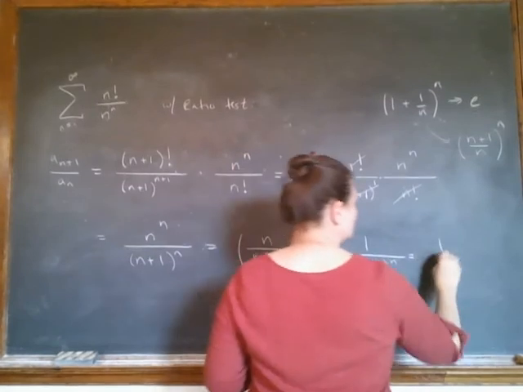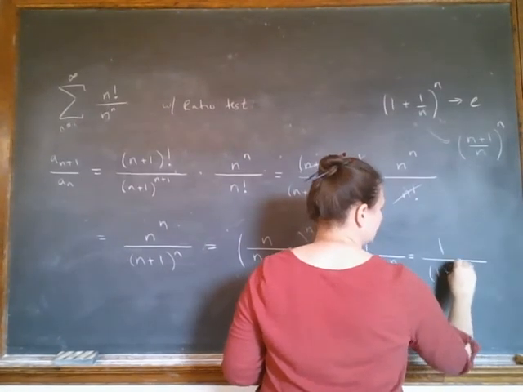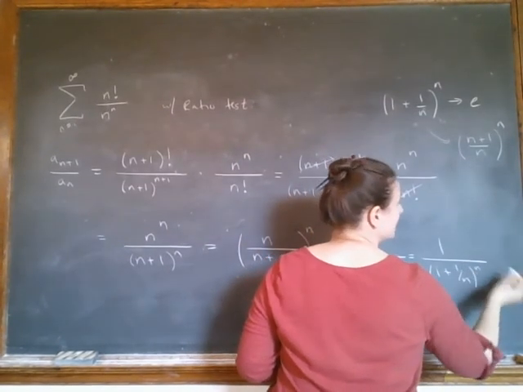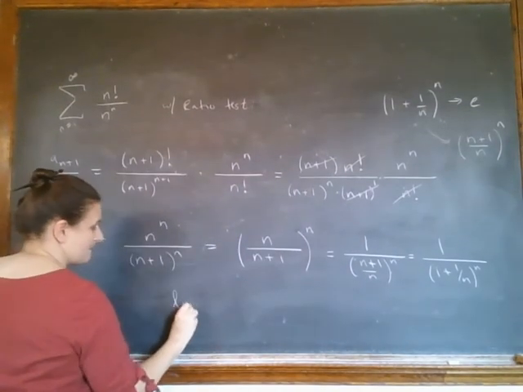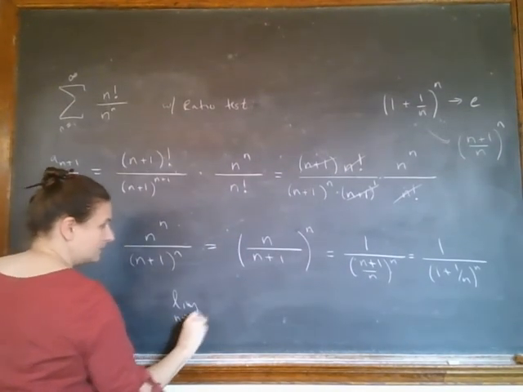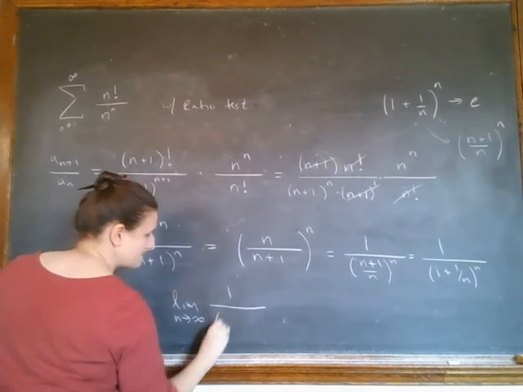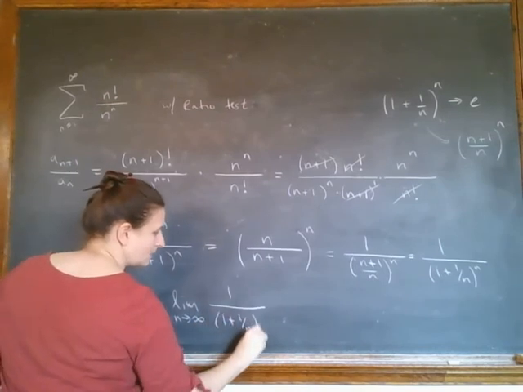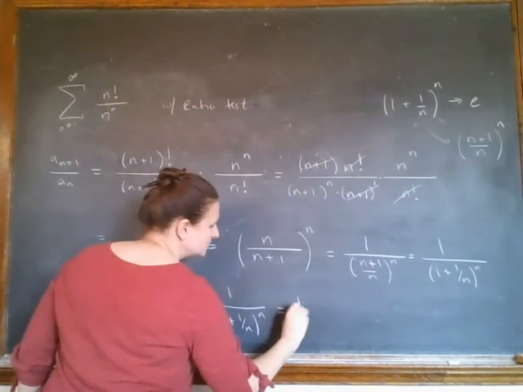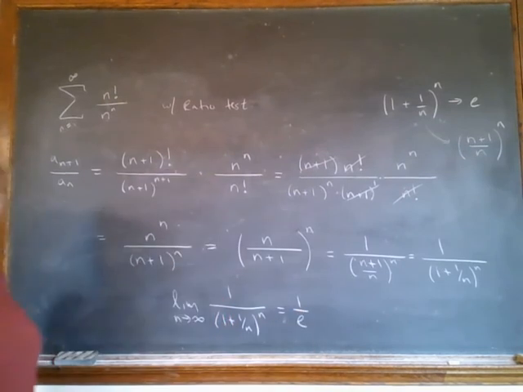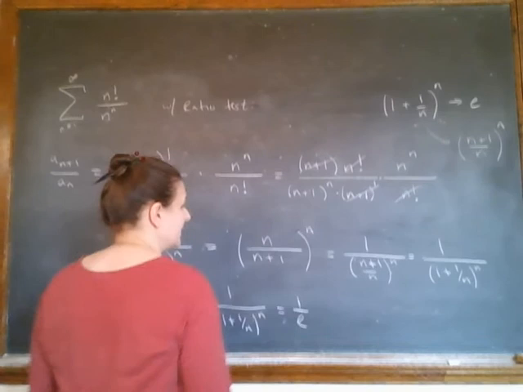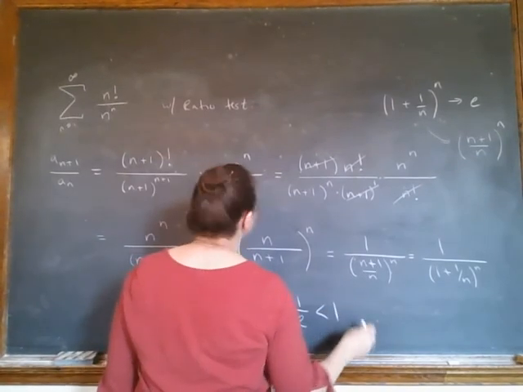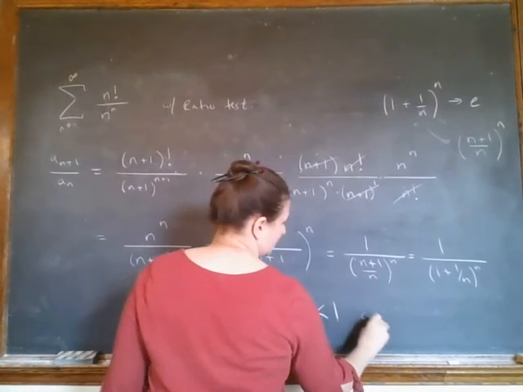So this is 1 over (1 plus 1 over n) to the n. So when I take the limit of this guy, this goes to 1 over e. Now e is 2.7, so 1 over e is less than 1. So this converges.